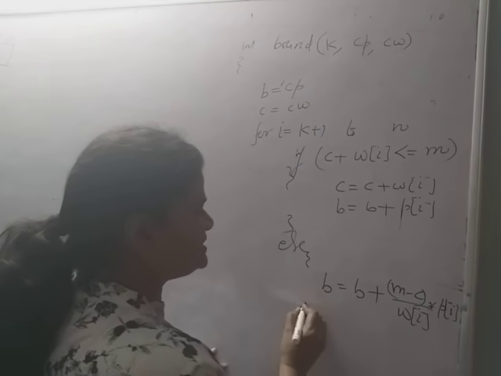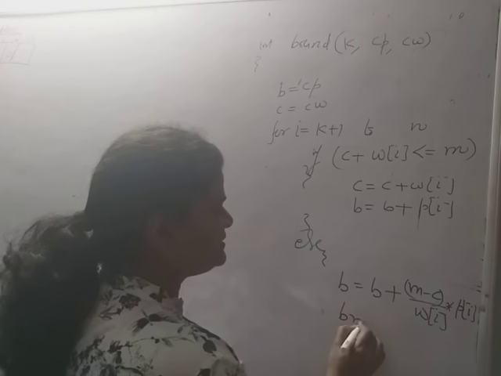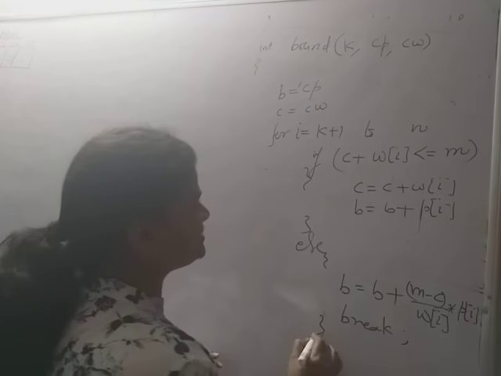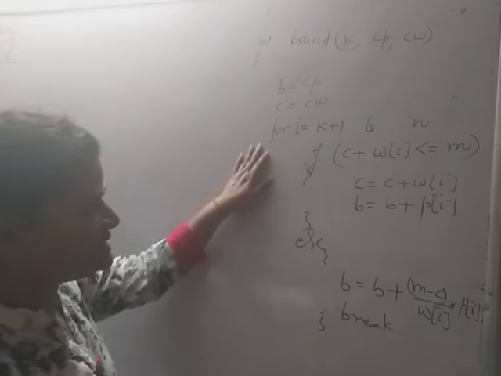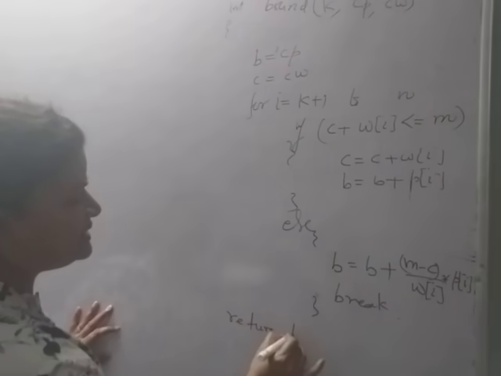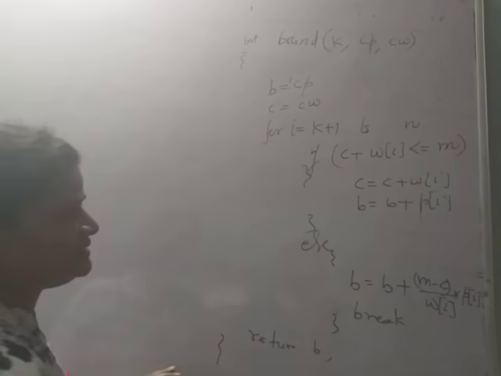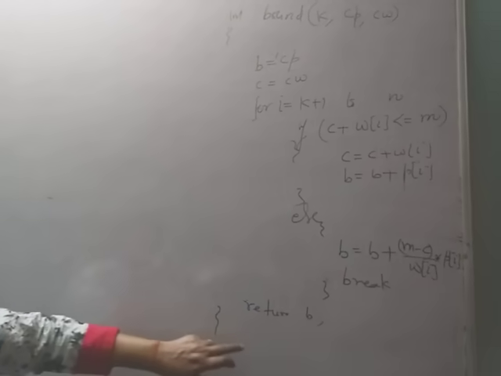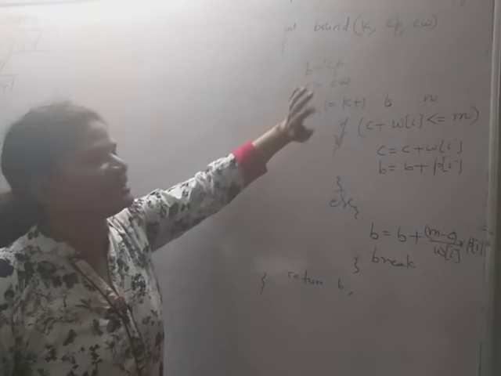This gives the profit, and then break, it comes out of the loop. So this is the bounding function; return b. This will return the profit. Here b is the local variable where the current profit is stored.